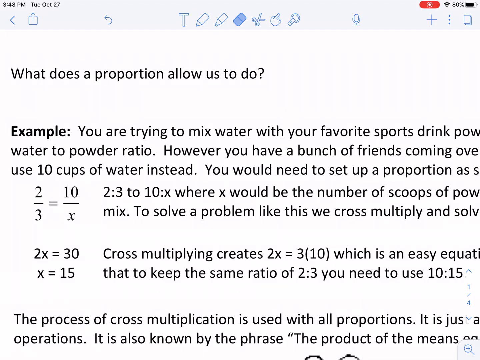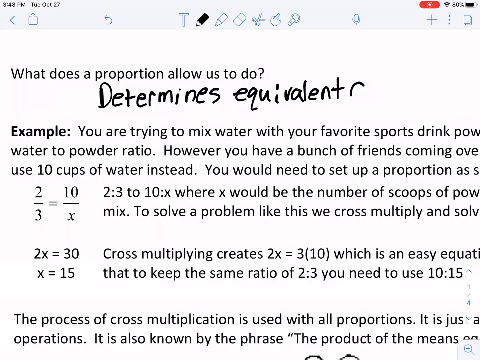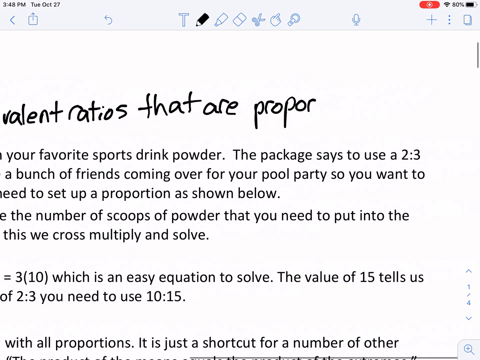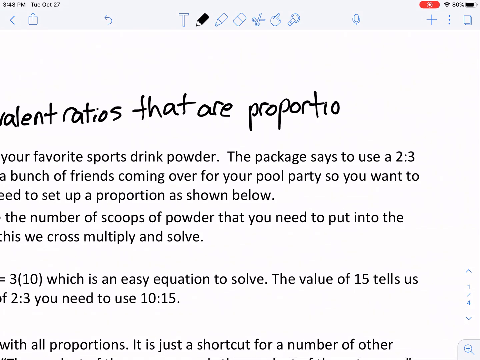It helps us determine, or we could say it determines, equivalent ratios that are proportional to the original.